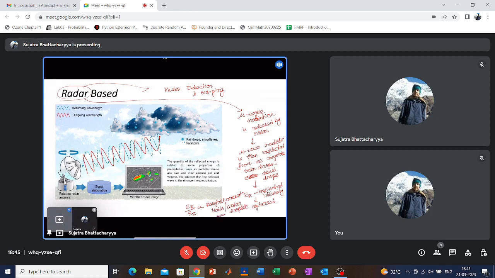So there is a radar equation which tells us many things. Based on the refractive index, you can tell whether hails are present or not, and whether rains or snowflakes are present. So these things can be easily detected using radar.